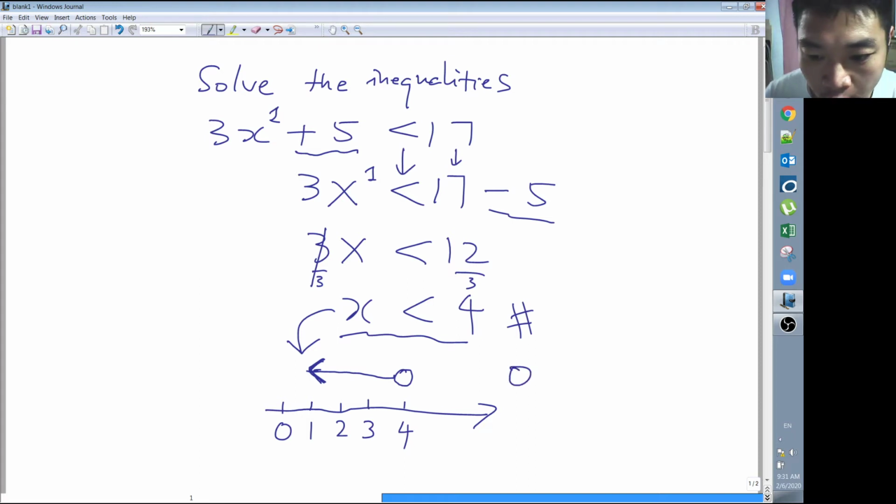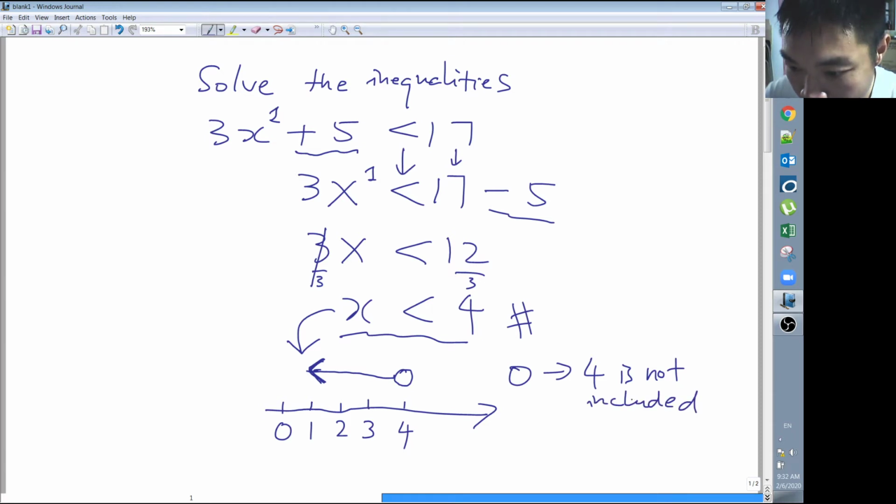The hollow circle indicates that 4 is not included, and the arrow to the left indicates it is smaller.